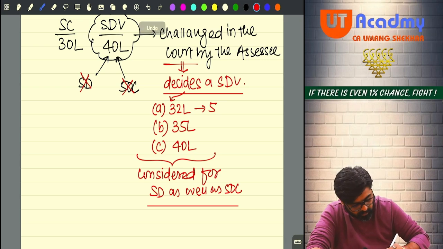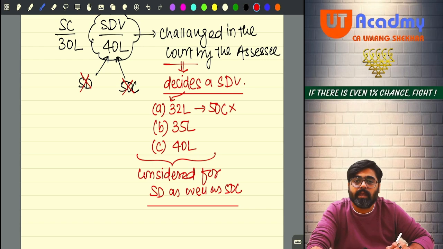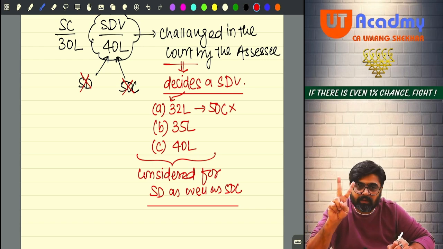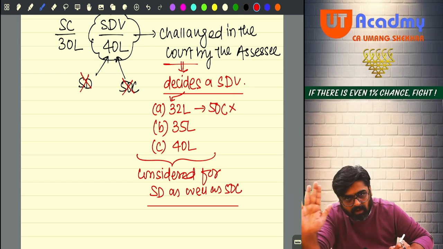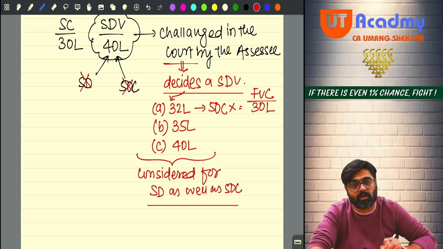Tell me. 50C will not be applied here because even if the stamp duty value decided by the court is higher, the difference is 2 lakh, but that 2 lakh difference is not more than 10% of the sale consideration. Hence 50C will not be applicable. And what will be your full value of consideration here, friends? Here your full value of consideration will be 30 lakhs only, the sale consideration offered by you.